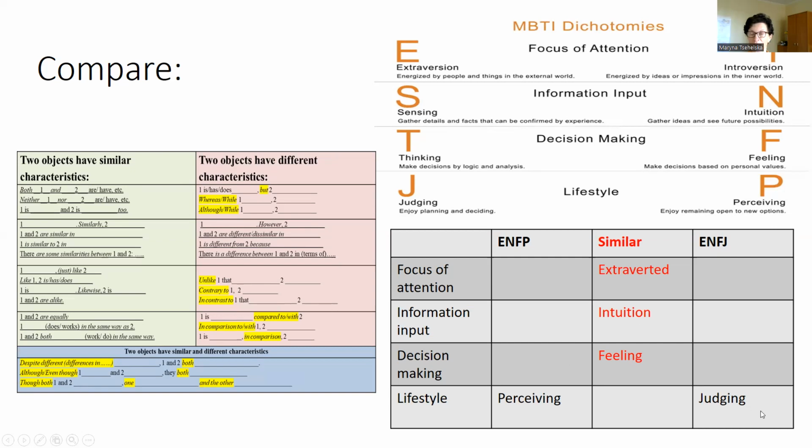And also they have different characteristics. As for the lifestyle, in ENFP's case, it is based on perceiving, while in ENFJ's case, it is based on judging.